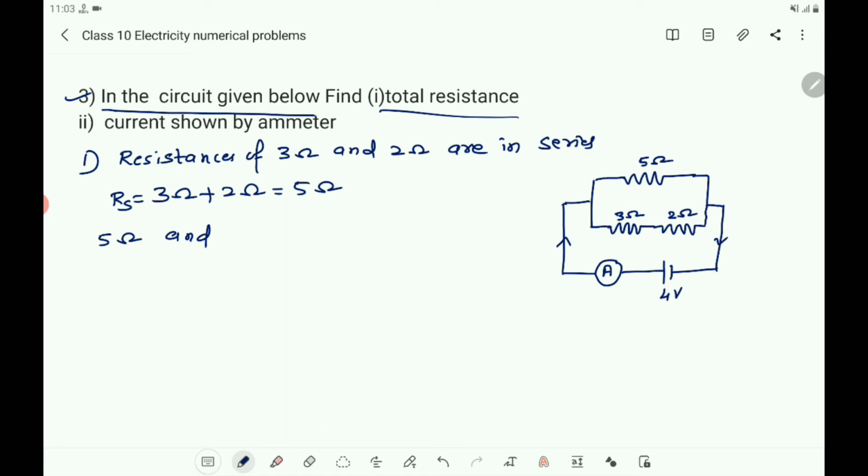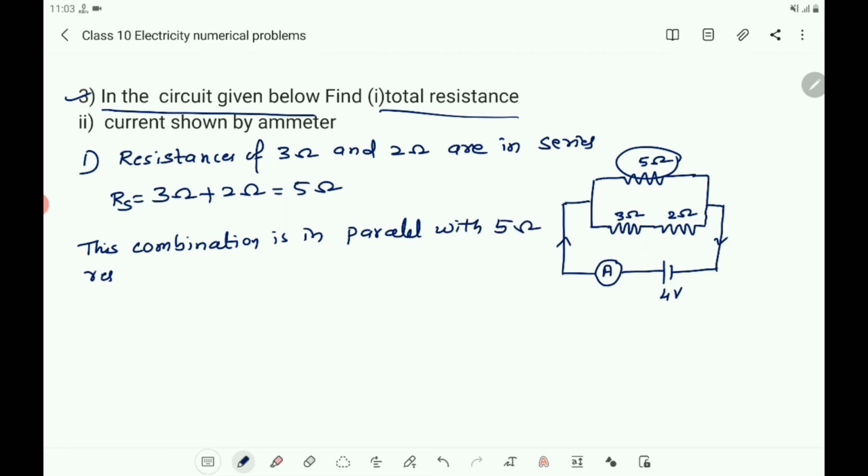And next, this combination is in parallel with the 5 ohm resistance, that is Rs, and you take this 5 ohm.